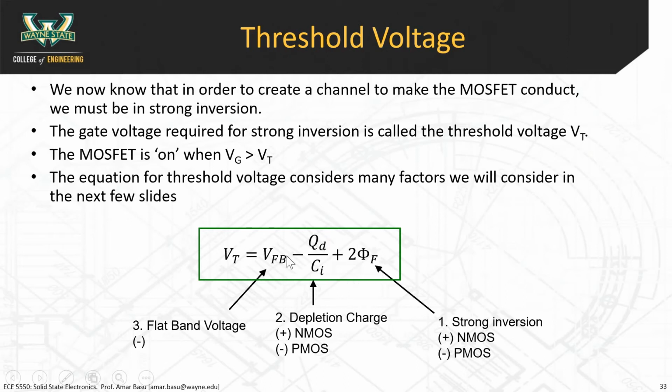As you increase the doping, the depletion charge also increases, and this term is positive for an NMOS device, so that will end up increasing your threshold voltage. So even though your flatband voltage is going down, ultimately the threshold voltage increases.